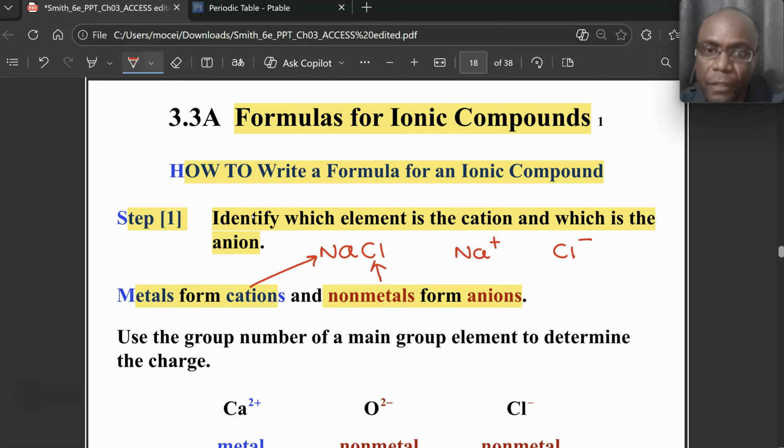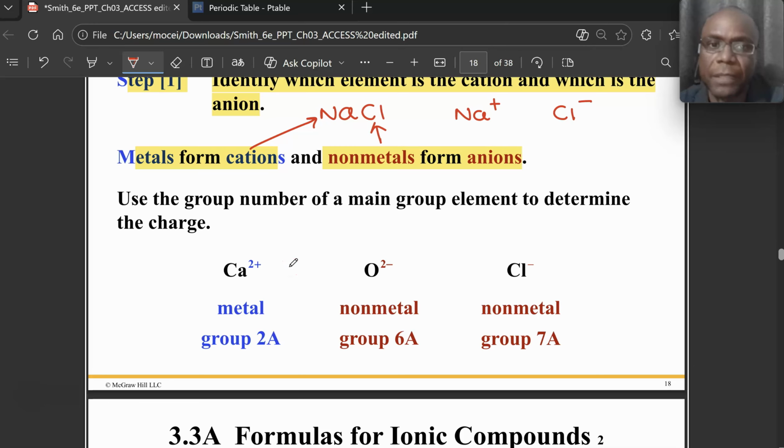Then you use the group number of a main group element to determine the charge. For example, calcium is in 2A, it's a metal. If it's a metal, it reacts by losing electrons, so it will be 2+ superscript. Oxygen right here is in main group 6A, is 2 steps to 8A.